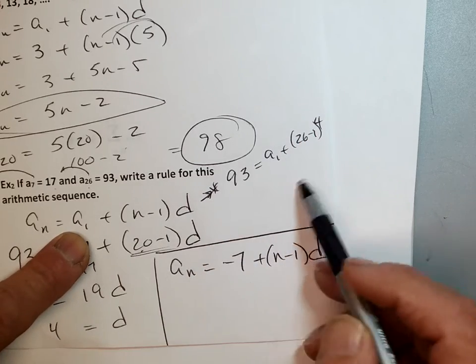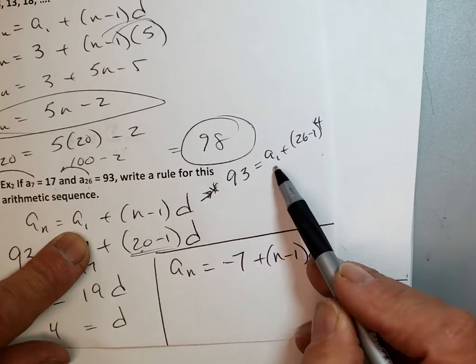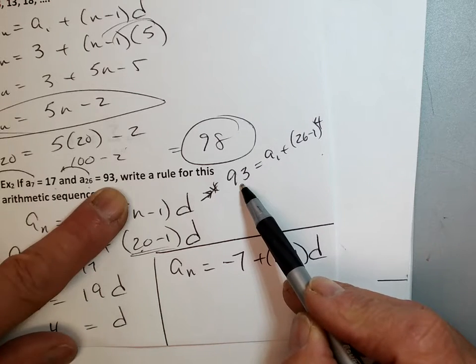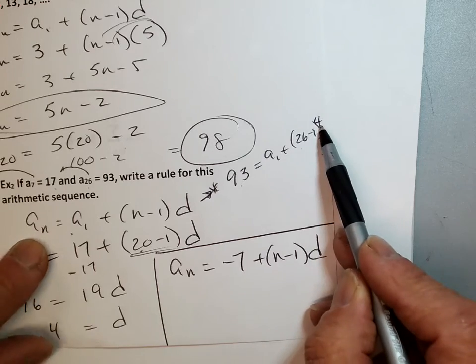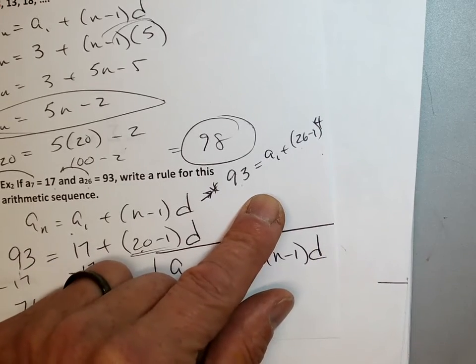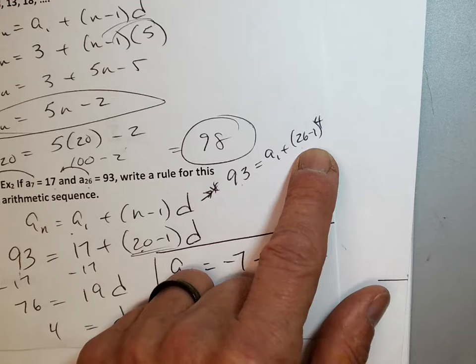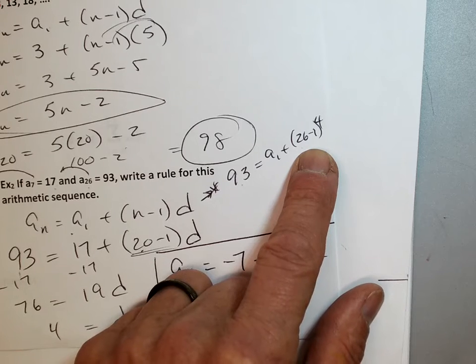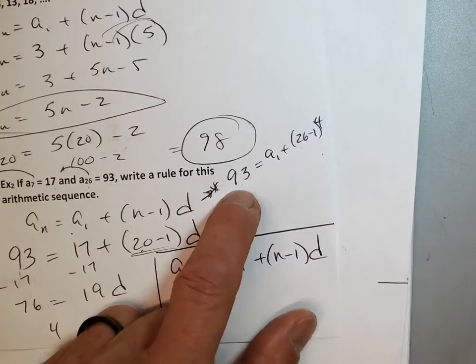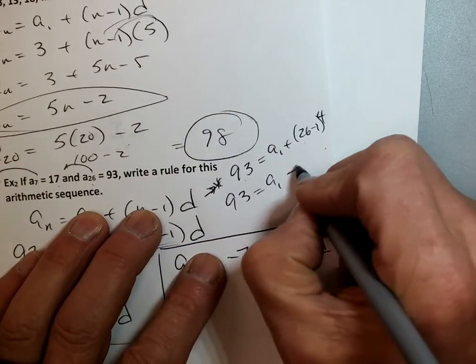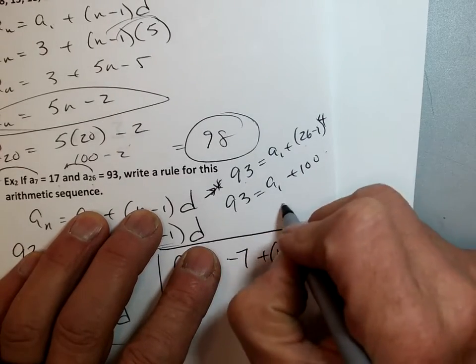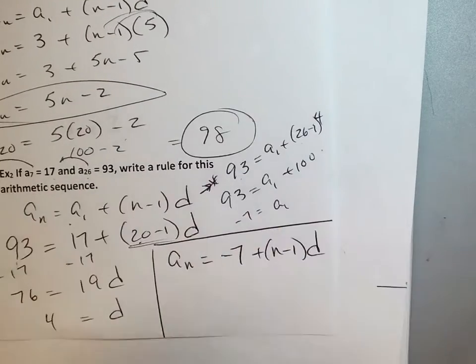I plugged in my 93 as my 26th term. My difference is 4, and if I do the math, 25 times 4 is 100. Subtract 93 and I get negative. So I'd have 93 equals A1 plus 100. A1 is negative 7.